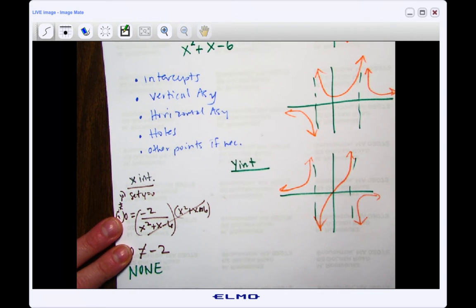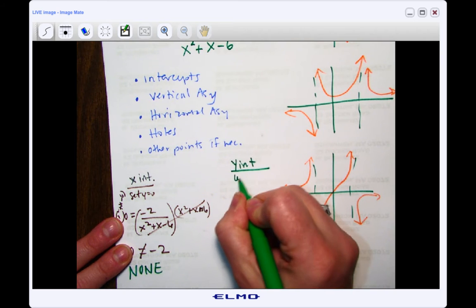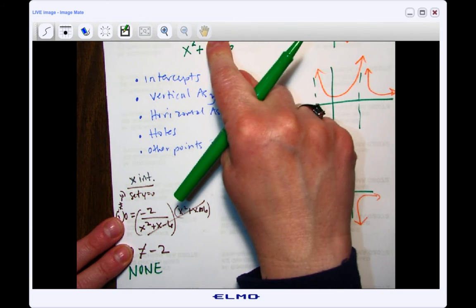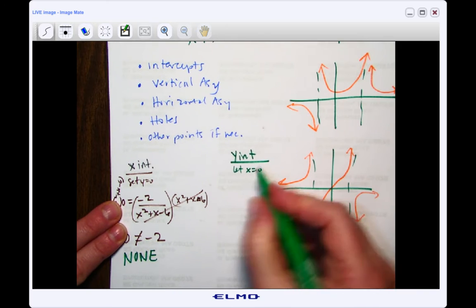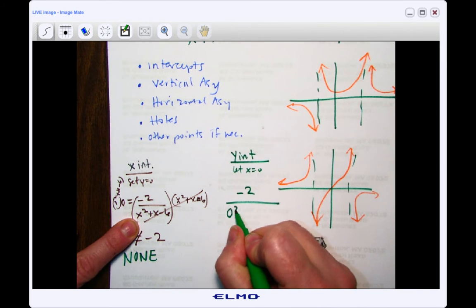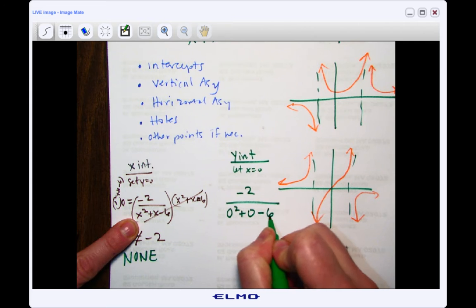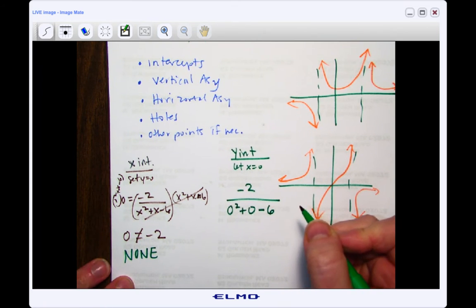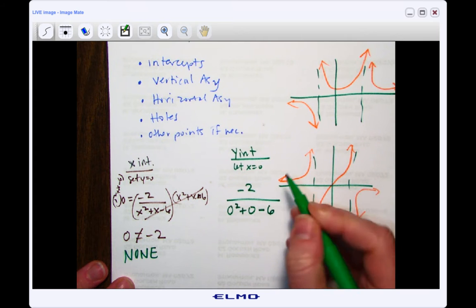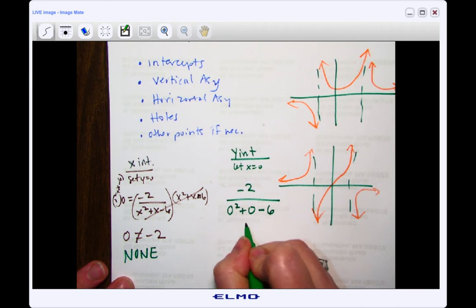Now how do you find y-intercepts? You let x equal 0. So here I am with my function again, this guy up here. And so I'm going to put -2 over 0 squared plus 0 minus 6. And again, these are 0, so it's actually -2 over -6. So hopefully you can see that that is 1/3.